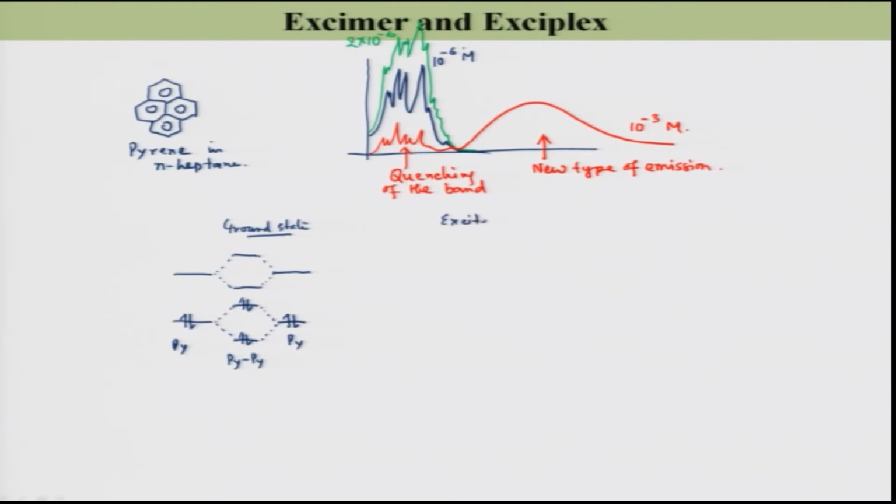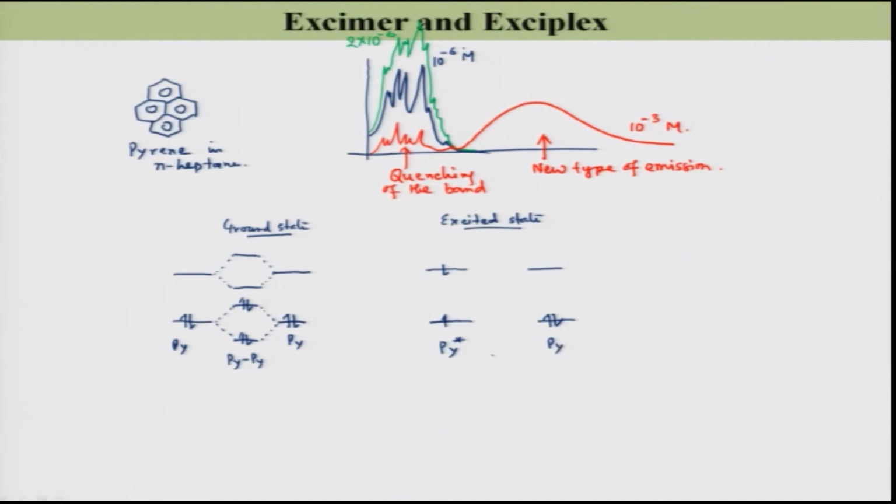However, in the excited state, let us say this is one pyrene, but this pyrene molecule is not in the ground state, it is in the excited state. So, I have one electron over here and another electron over here, and this other pyrene molecule is in the ground state.